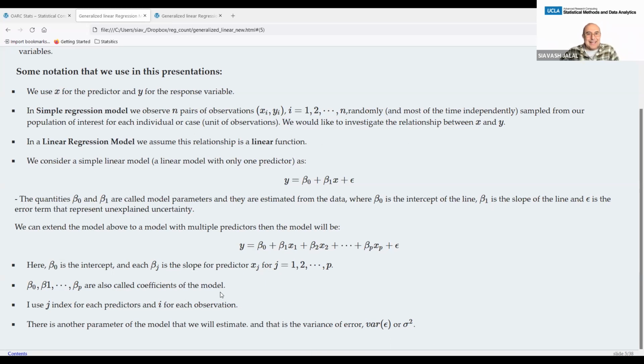So basically, if you put the data together, you have a matrix of n rows and p plus 1 columns, if you have a multiple regression model.